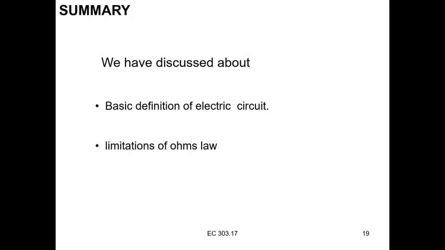So from this we discussed the basic definition of electric circuit, limitations of Ohm's law and laws of circuit analysis. That is, what are the laws? Kirchhoff's voltage law and Kirchhoff's current law.